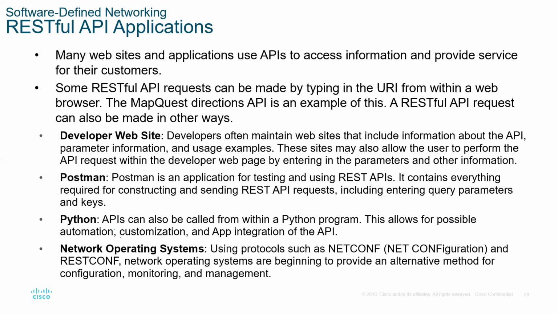It contains everything required for constructing and sending REST API requests, including entering query parameters. Then we can use programming languages like Python. We can also use operating systems, NETCONF or RESTCONF. Network operating systems are beginning to provide an alternative method for configuration, monitoring, and management.